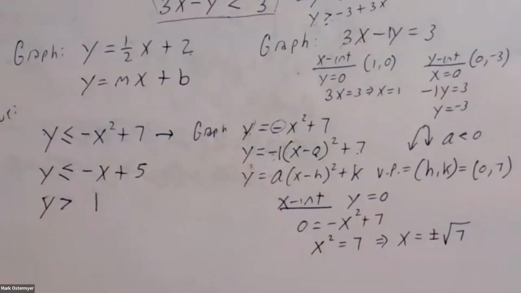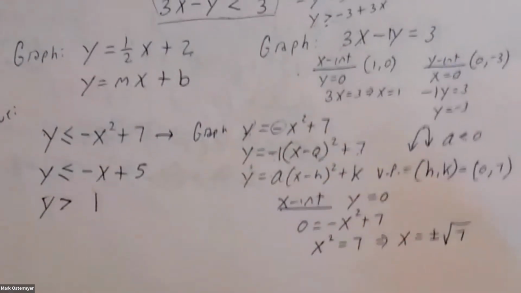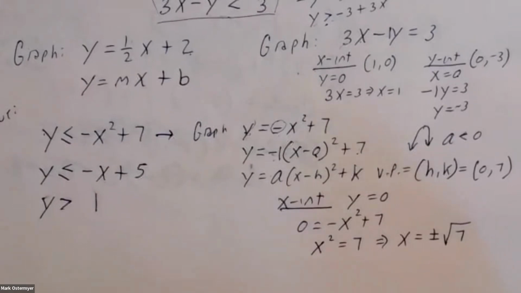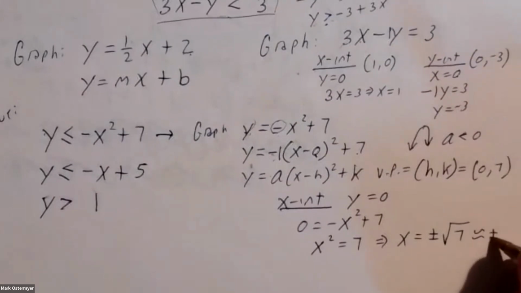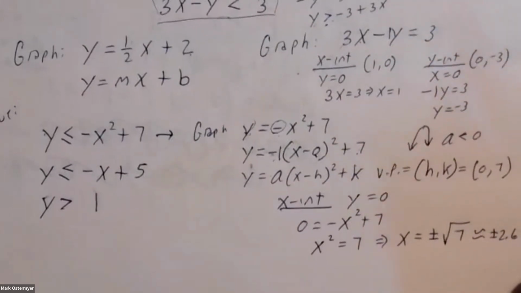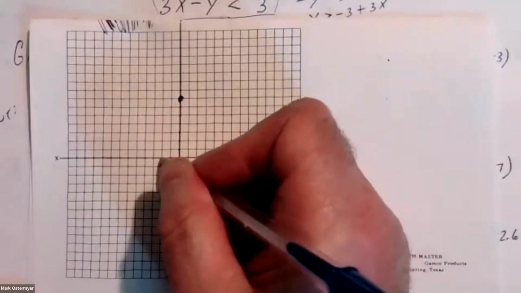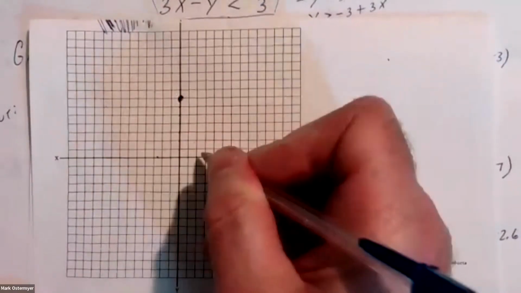Now, for plotting purposes, what is the square root of 7, approximately? It's about 2.6. So these are approximately plus or minus 2.6. Those are your x-intercepts. Just plot those approximately. Negative 2.6 is about here, and positive 2.6 is about here.